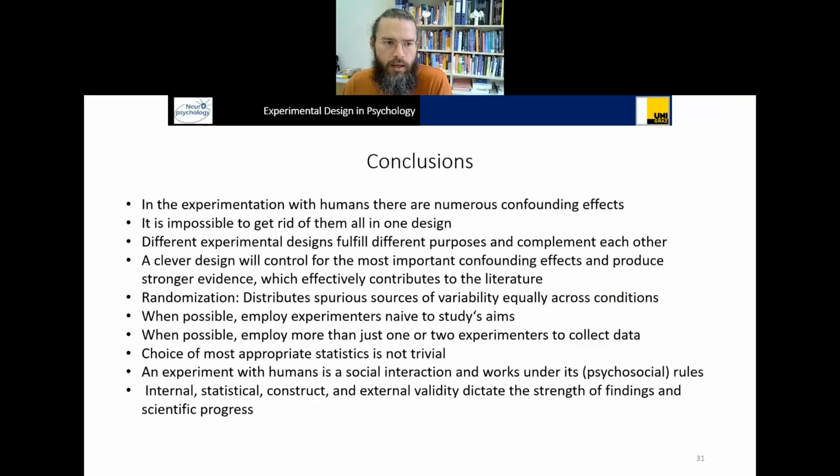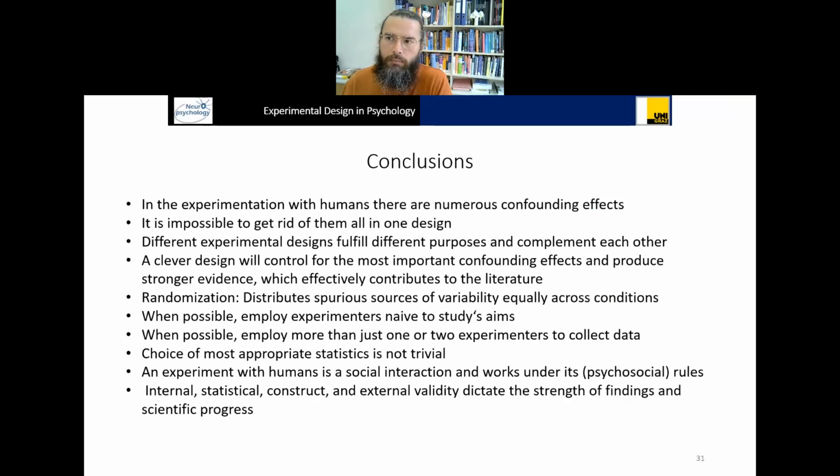A clever design will control for the most important confounding effects and produce stronger evidence, which effectively contributes to the literature. Randomization, whenever possible, distributes spurious sources of variability equally across conditions, so it's desirable every time it can be applied, it should be applied.